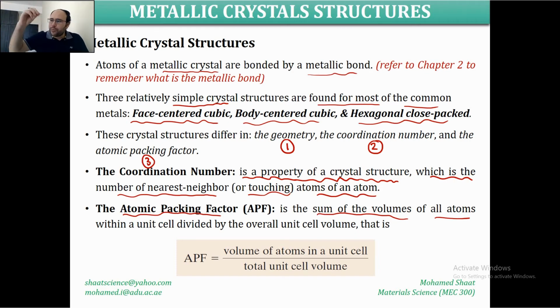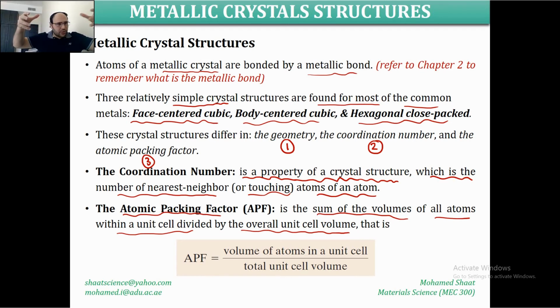We're going to know how many atoms would be located inside one unit cell of each one of these crystal structures. So if you count the atoms and calculate the volumes of all of these atoms that form a unit cell of these crystal structures, and you divide by the overall unit cell volume, this is going to give us the atomic packing factor.